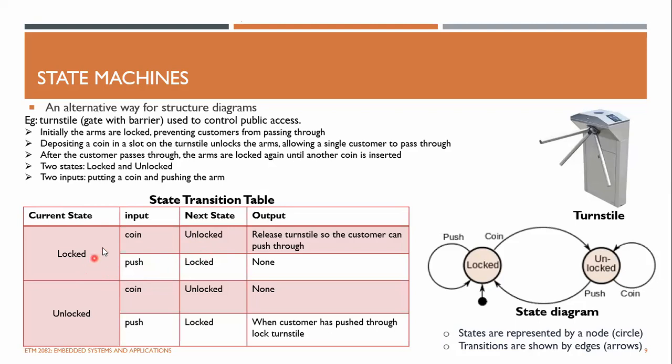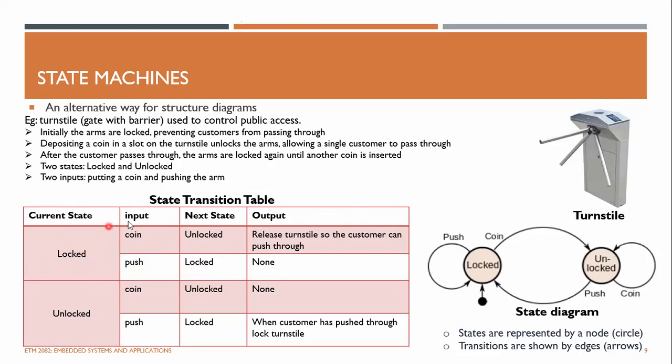When this is locked and no coin is inserted, if someone comes and tries to push without adding a coin, the input is push, but nothing will happen. The next state will also be locked.